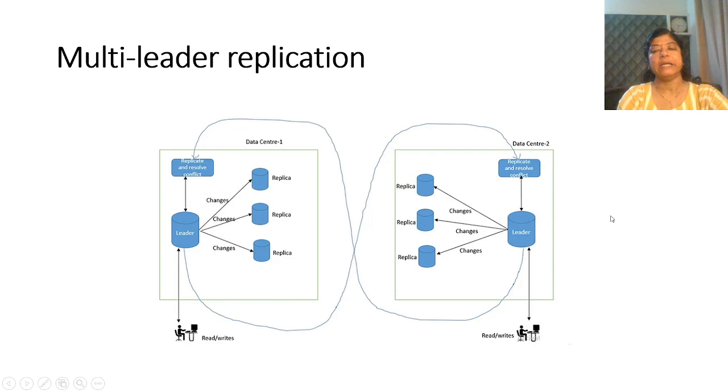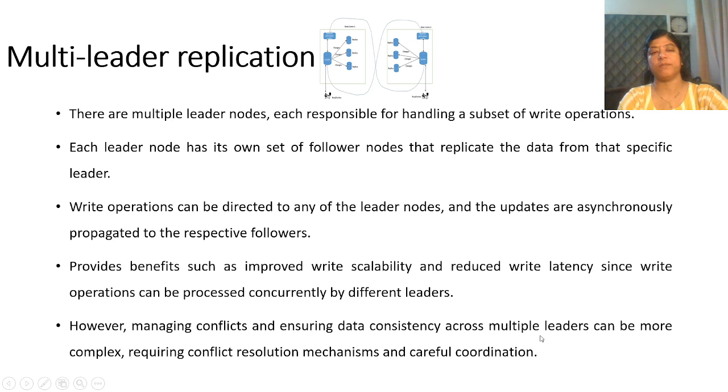So here each data center will have an individual leader, and that leader will create the replicas and transfer the changes or updates to the followers, and then the followers will do the task and give the output to the particular client about the read and write operations.